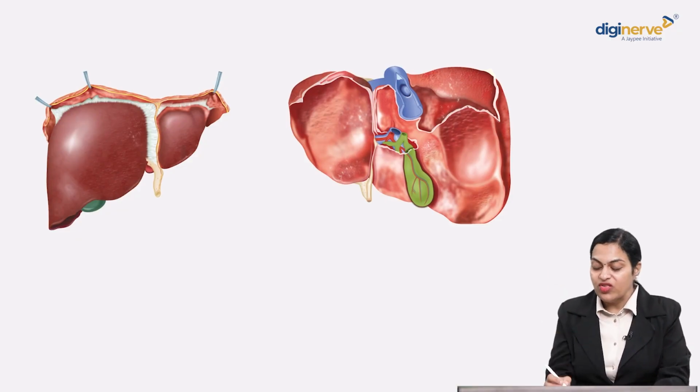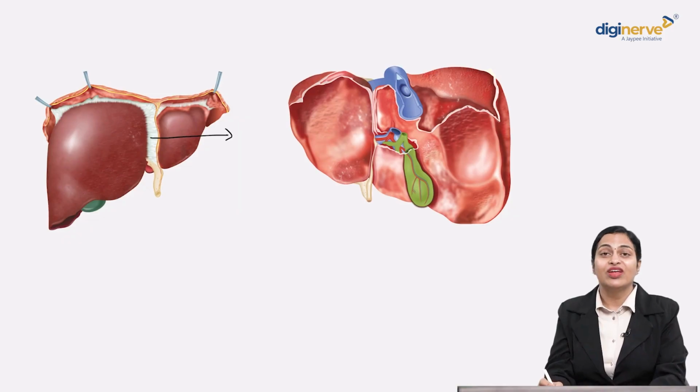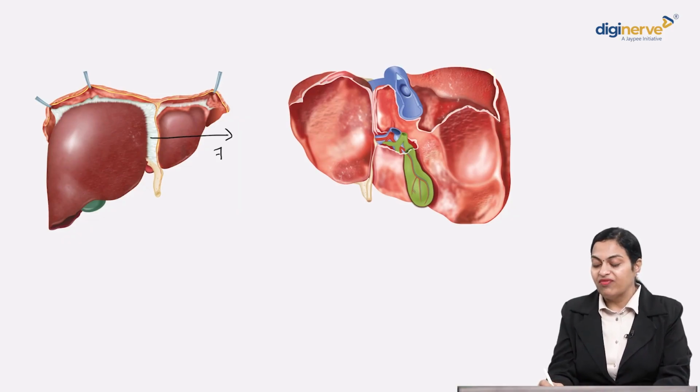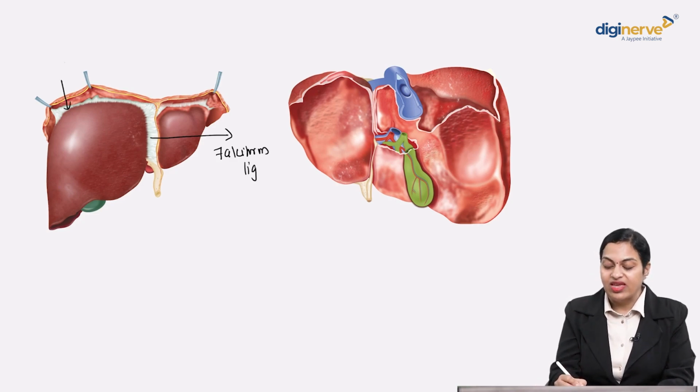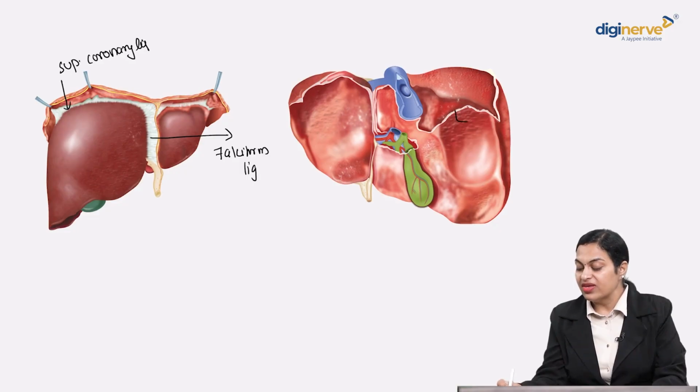derivative of. So this one here, dividing the liver into right and left lobe, is the falciform ligament. This is the superior coronary ligament. This is the inferior coronary ligament.